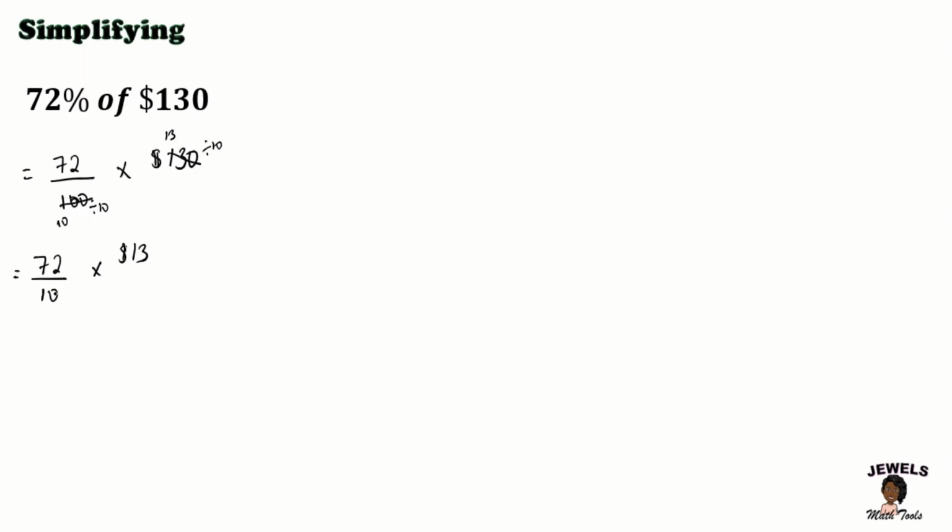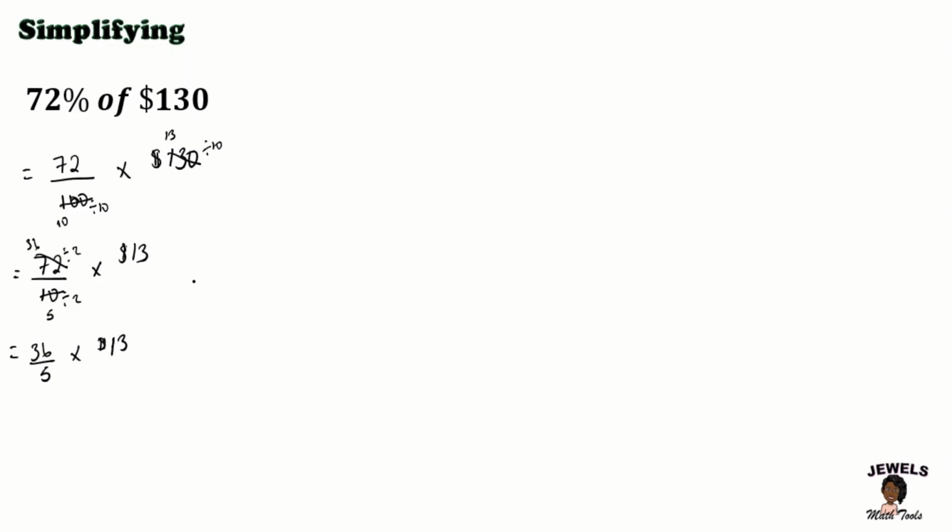And I can also reduce both 72 and 10 since both of these numbers are even numbers. I'll divide both of these numbers by 2. So 10 divided by 2 will give us 5. And when we cut 72 in half, this will equal 36. So we have 36/5 times $13.